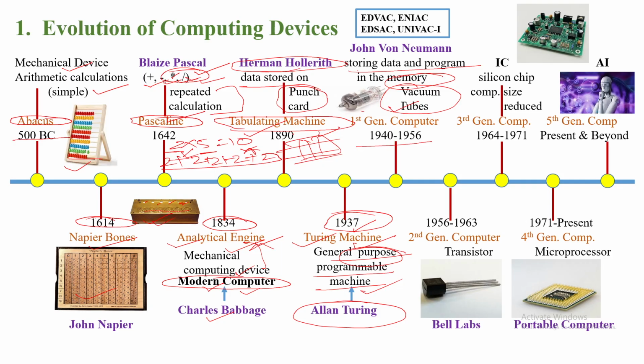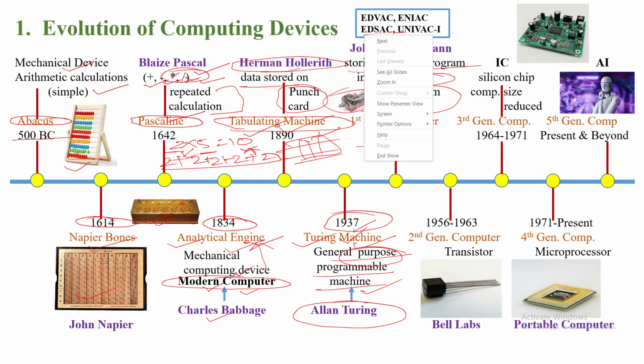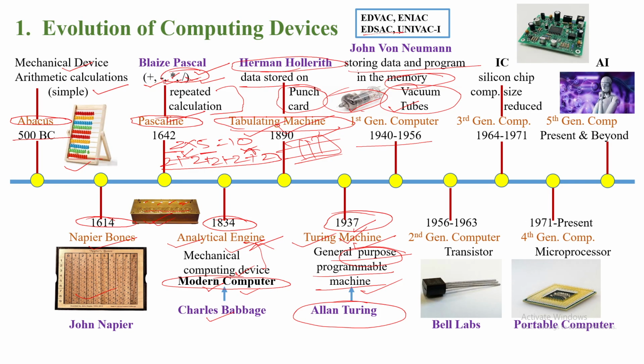Punch cards were used in the tabulating machine and Turing machine, but the first generation computer stores the data and program in vacuum tubes. Examples of first generation computers are EDVAC, ENIAC, EDSAC, and UNIVAC-1.